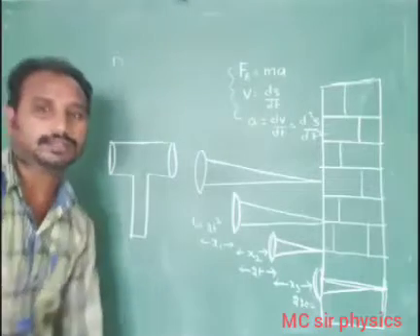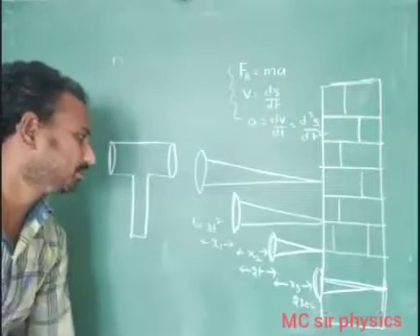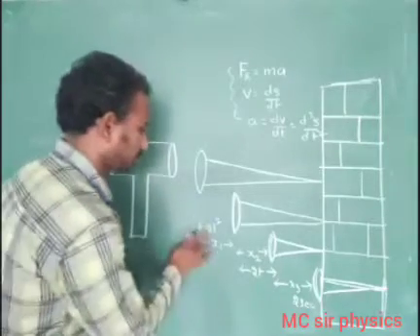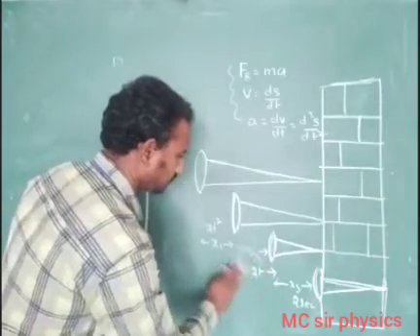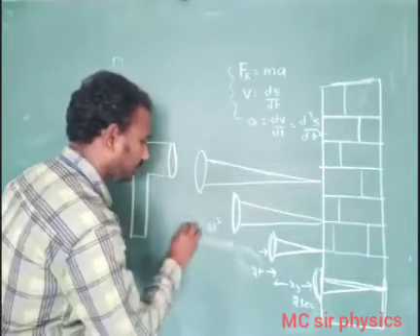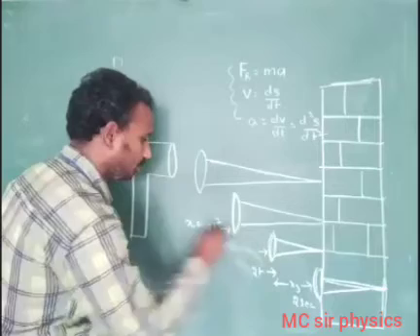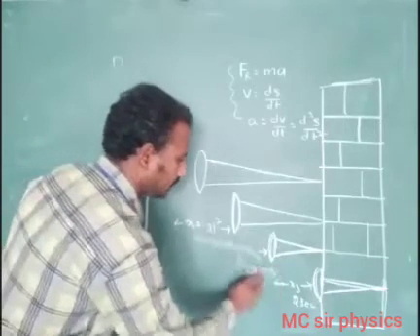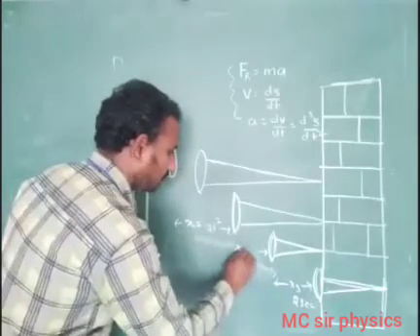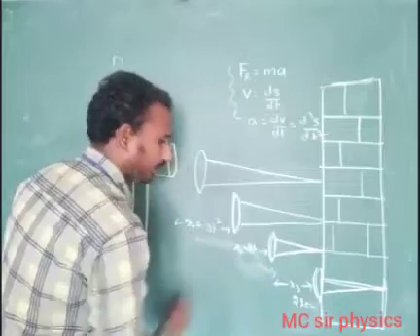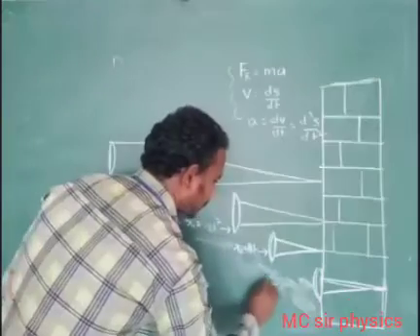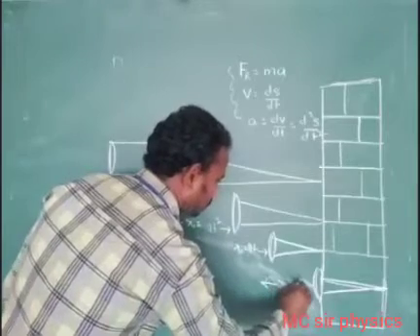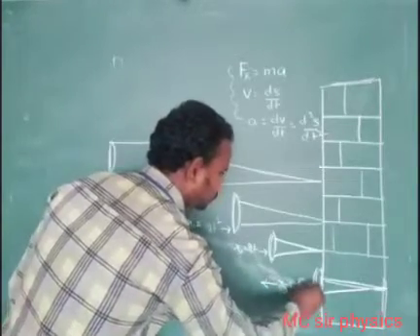Identify this point. Here displacement x1 equal to 2t square, displacement x2 equal to 2t, displacement x3 equal to 2.